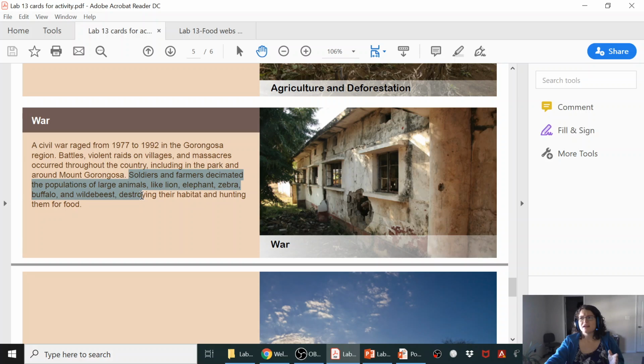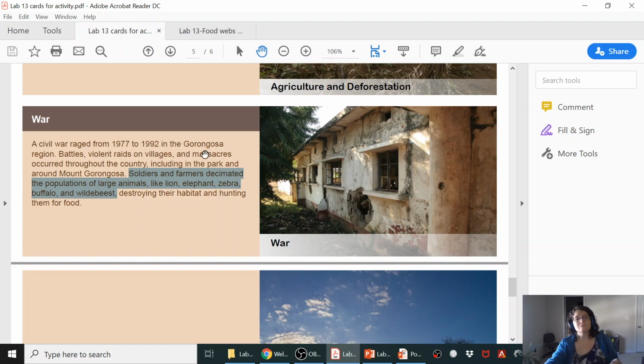Instead, it's that soldiers and farmers have decimated the population of large animals. Okay, now we're taking away the primary herbivores, like an elephant. We're taking away the primary carnivores, like a lion, okay? Think about what that's going to do to everything downhill of it. That up-down pattern and how food webs will complicate that, okay?